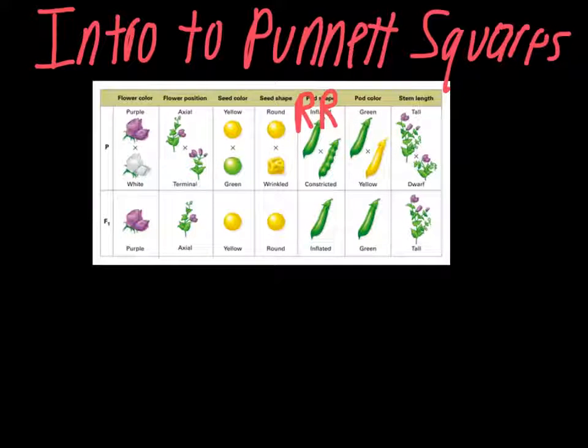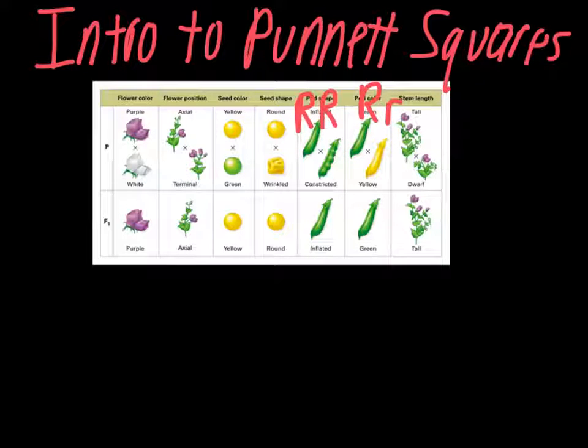So this one would get one dominant allele from one parent, the other dominant allele from the other. Or the other option is it has one dominant allele and one recessive allele. In this case, the dominant allele takes over. So this plant got one dominant trait from one parent, the recessive trait from the other, but the dominant trait takes over, and so this pea plant is still round.